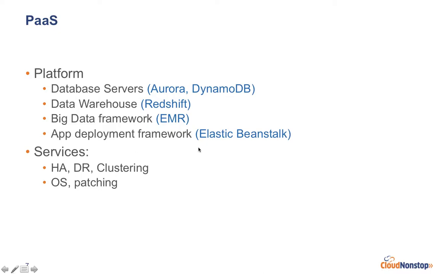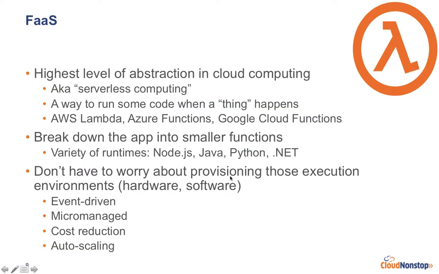And likewise, AWS also provides something called Elastic Beanstalk that makes it easier for you to deploy your applications. If you have an application written in something like Java or a web app or a .NET application, everything that is required in terms of provisioning is already there, so all you have to do is upload your application. So those are the benefits of using platform as a service.